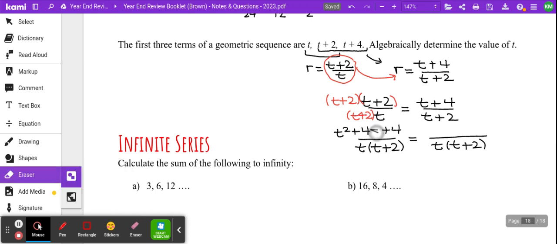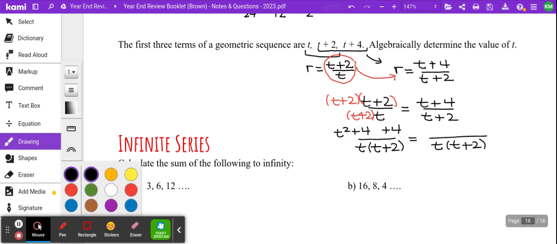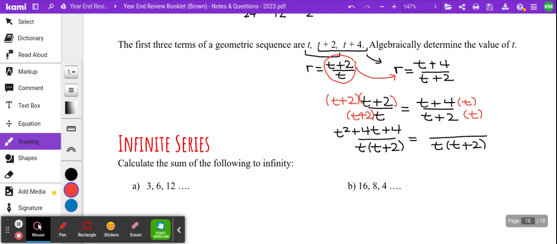My second expression, which is on the right side of the equal sign, had the t plus 2 in the denominator. What did it need to get multiplied by? t. That's going to give me t squared plus 4t. Now the denominator is the same.